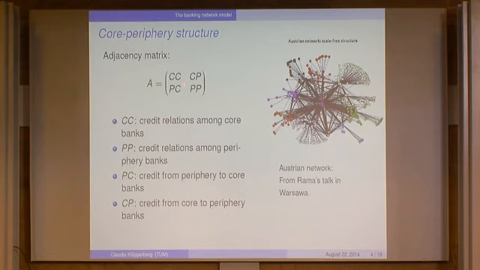We have 4 blocks: core banks, where C stands for core, so the CC block gives the credit relations among the core banks. The PP block, which will be 0 in the end, gives the credit relations among periphery banks. Then PC stands for the credit from periphery to core, and CP the other way around. This is our block adjacency matrix, and I will specify it more and more during my talk so that we can actually do something with it.